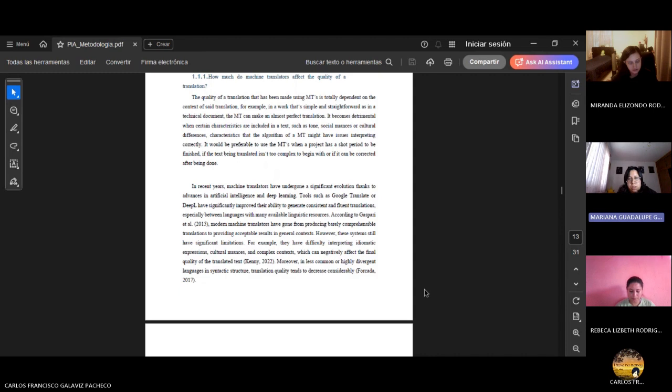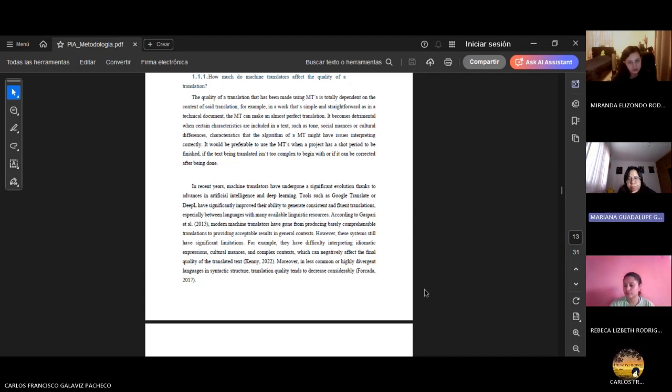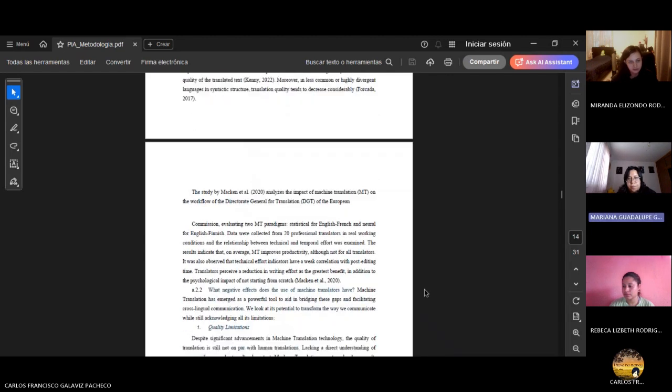What are machine translation tools? Translation tools are generally understood as software helping the translator to translate a written text, in this case, to help students to translate.